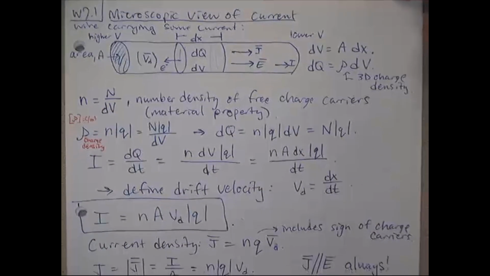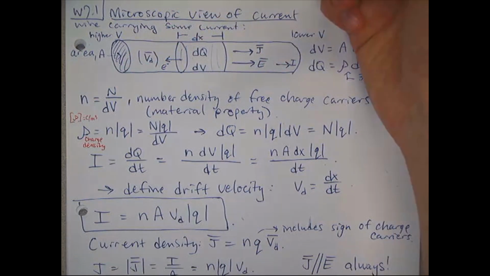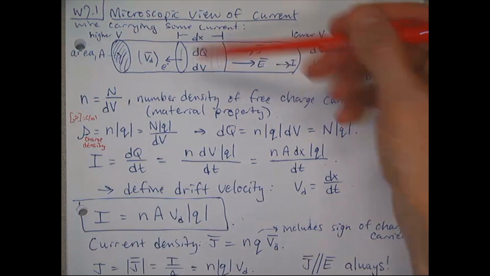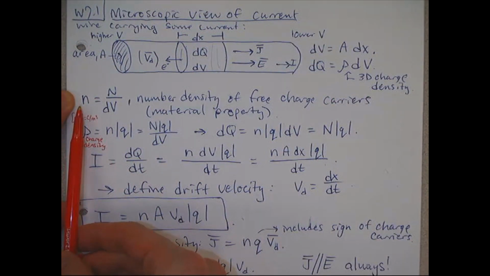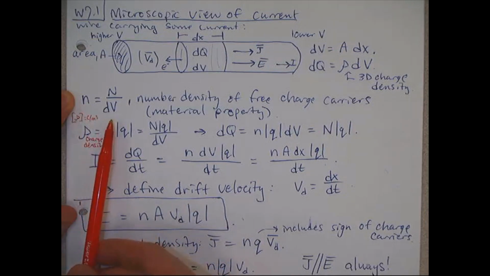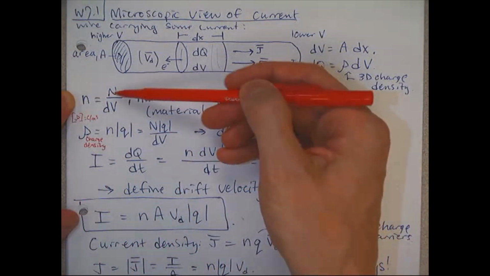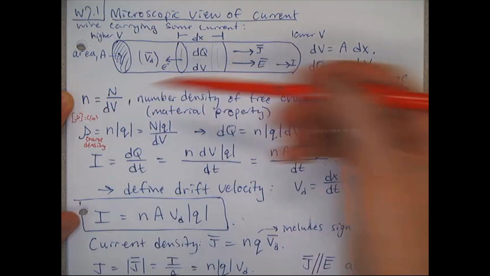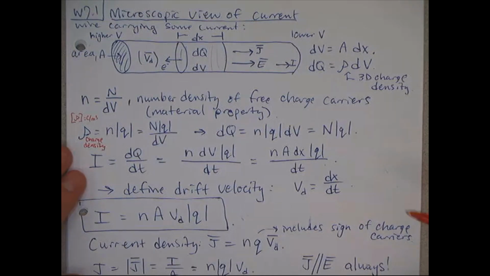On the microscopic scale, we can look at a wire carrying some amount of current. It has charge carriers, capital N of them, in some length of your wire. The lowercase n we define as the number density of those free charge carriers. So lowercase n is how many there are, capital N, divided by dV, the volume of the chunk that you're considering.